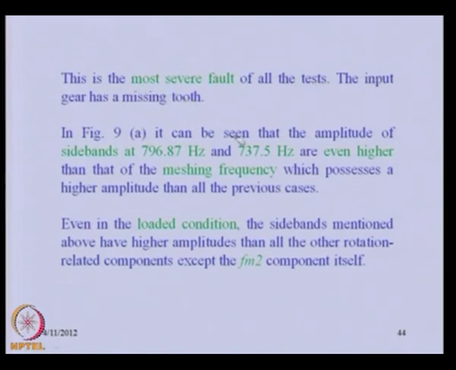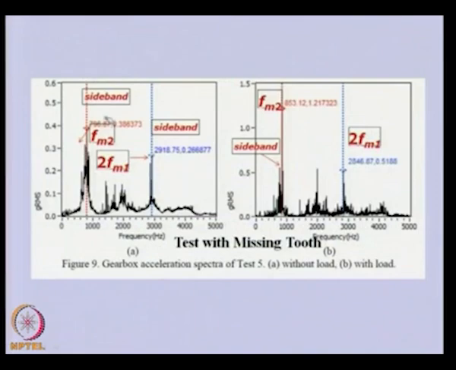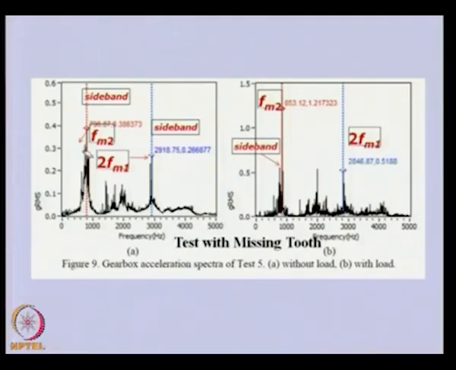In the previous figure, it can be seen that the amplitudes of the sidebands 796 and 736 are even higher than the missing tooth frequency. So, 796. In this, FM2 is more predominant, but the sidebands are quite predominant here also. Here the sideband is more predominant, you can see 853, these are sidebands.